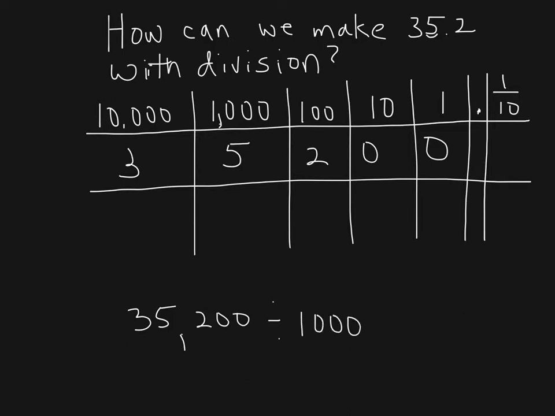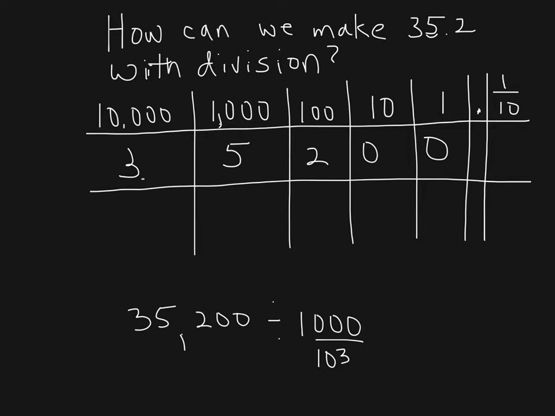So let's see how that works. Since I'm dividing by 1,000, which is 10 to the third power, and it's got 3 zeros, that means that each digit is going to move to the right. Since I'm dividing, it'll move to the right 3 places.